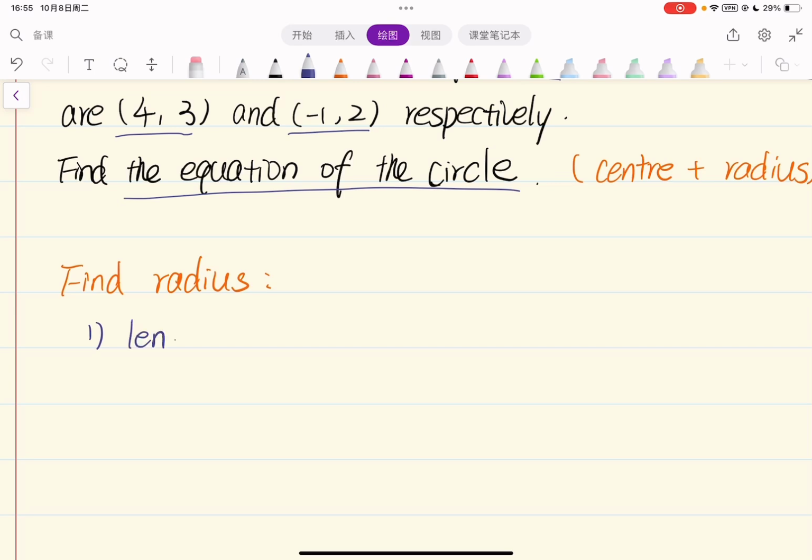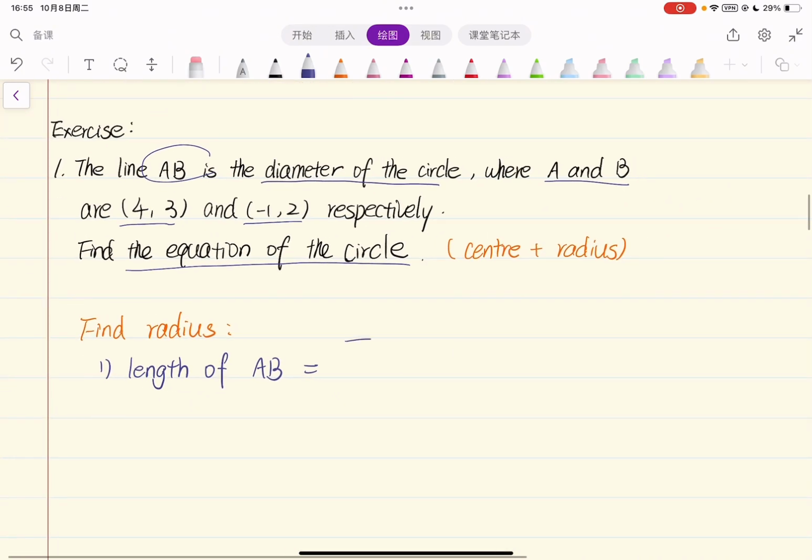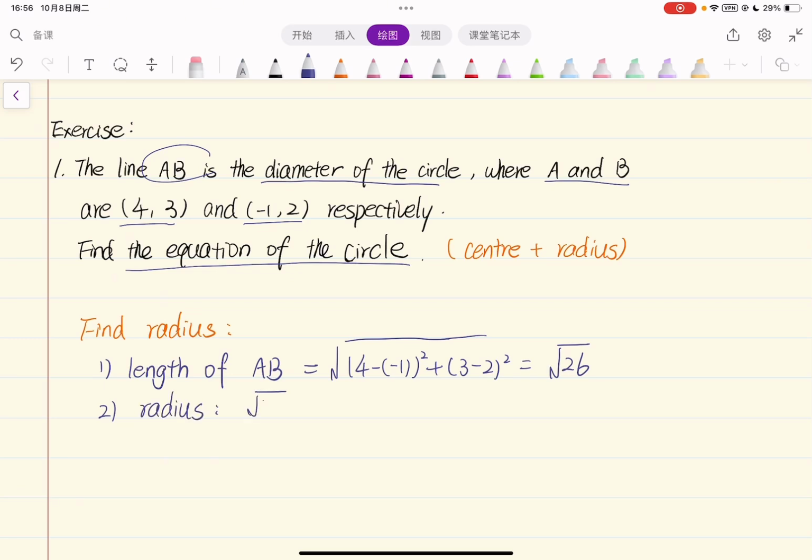The length of AB is the square root of (4 minus -1) squared plus (3 minus 2) squared, which equals the square root of 25 plus 1, that is 26. Then we halve that to get the radius, that is the square root of 26 over 2.